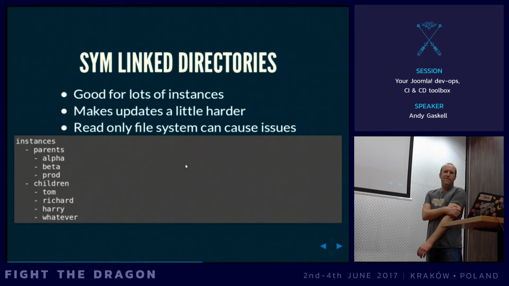Then you have children, and each child points to one of these parents. You can create as many children as you like. On disk, if you had 100 Joomla sites on a server, you'd only need one set of Joomla files, which is kind of nice, the whole deduplication thing.